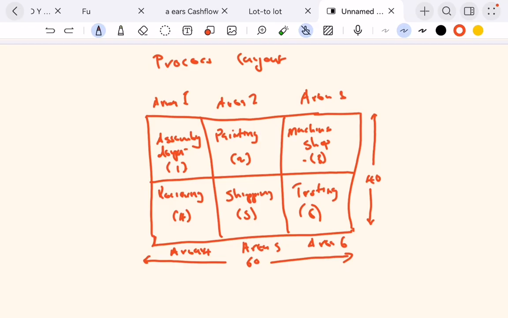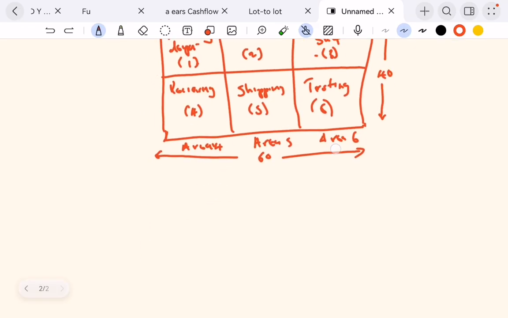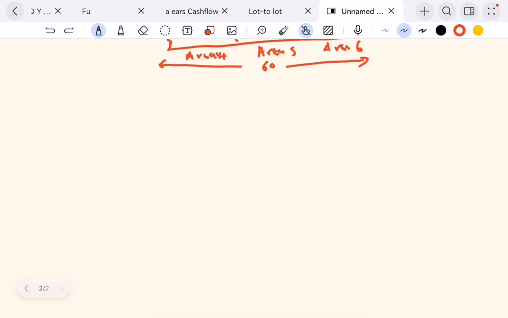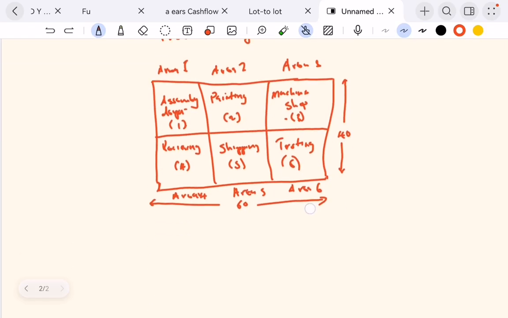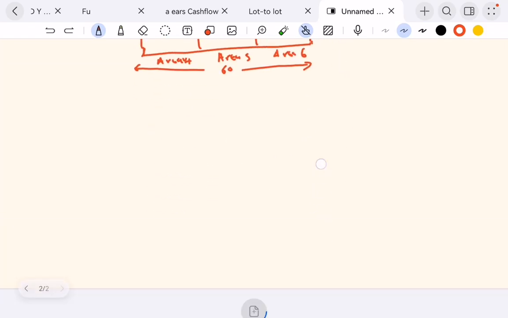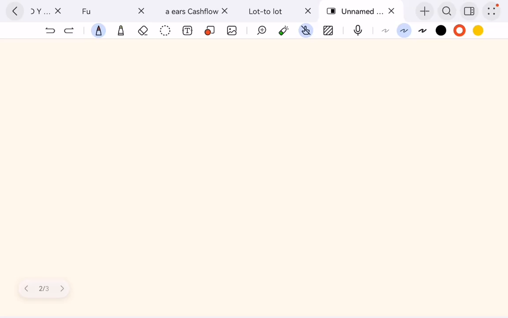So now we need to show this interdependent flow graph. Allow me to put it here. So we have the interdepartmental flow graph, rather.